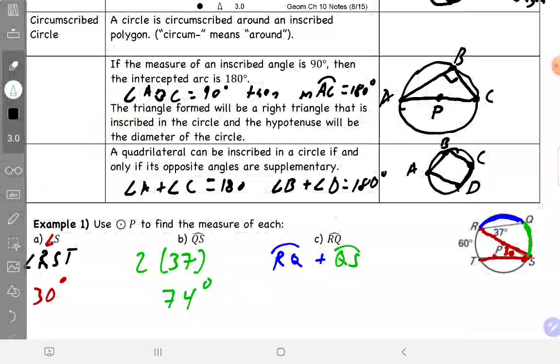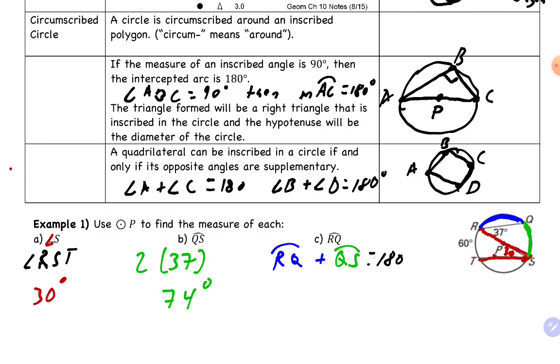Why? Because the red line in the middle here is the diameter. Diameter splits the circle in half. So half of 360 is 180.